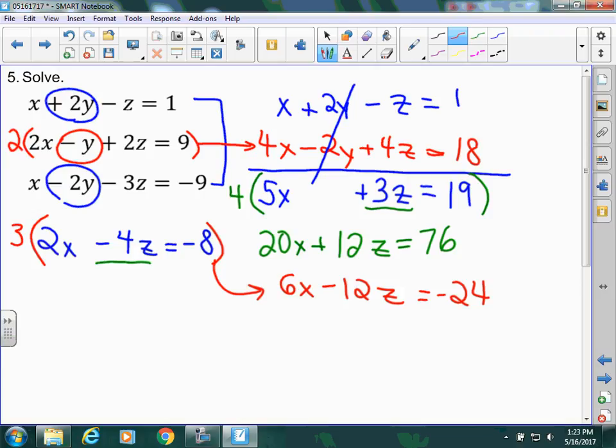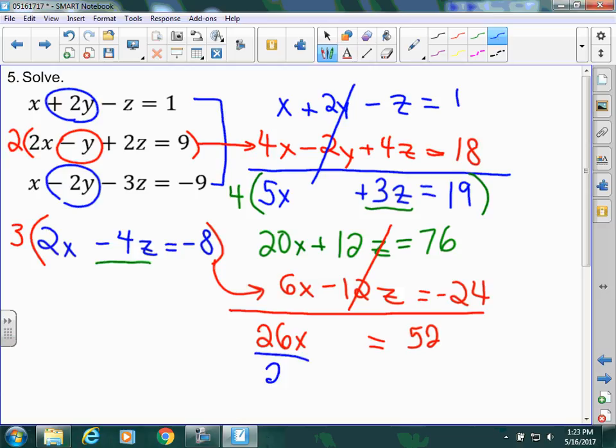So when I put these two lines together, I get 26x. Just like I planned, my z's cancel, yay, is equal to, these are different signs, so they add up, I get 52. At this point, I realize I want 1x, not 26, so I divide by 26, and I say x is equal to 2.